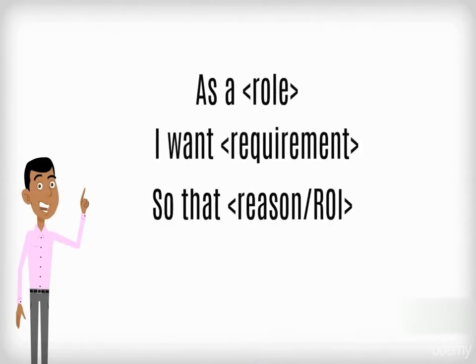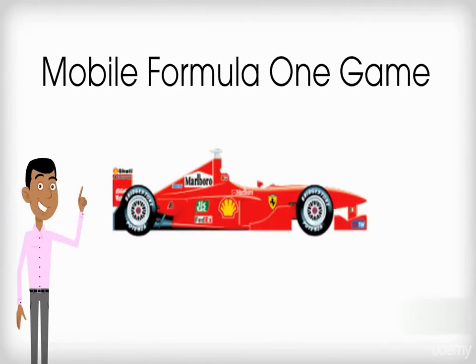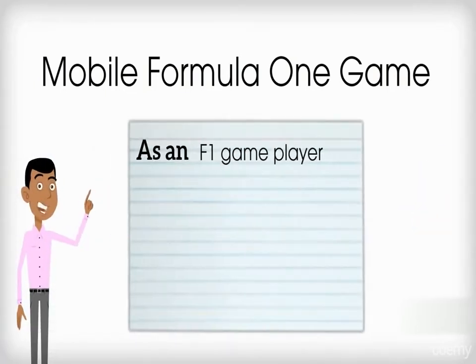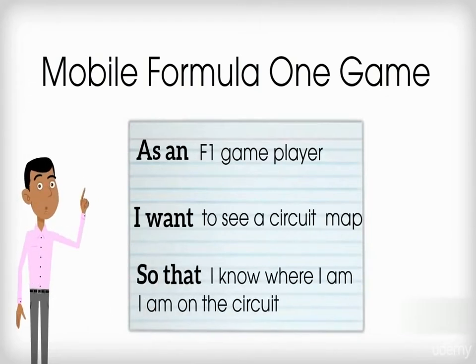If there are cases where the story description speaks for itself in the first 2 points, then the third can be omitted. If we're building a mobile Formula 1 game, an example of a user story would be, as an F1 game player, I want to see a circuit map so that I know where I am on the circuit.